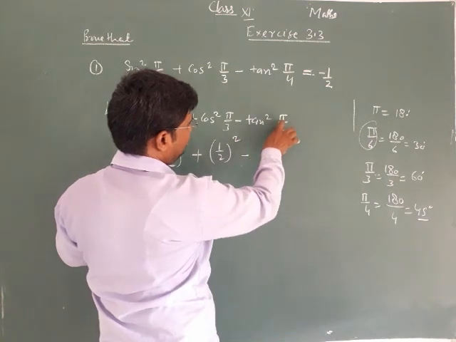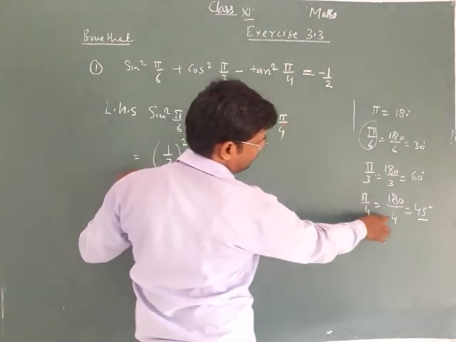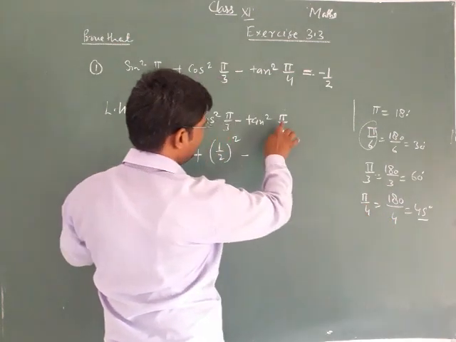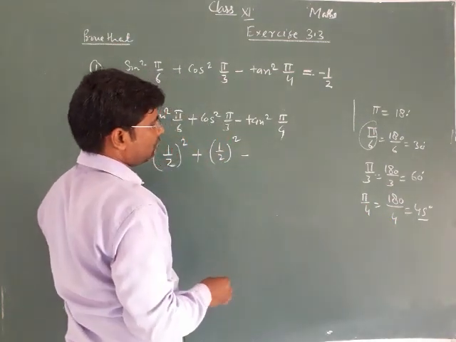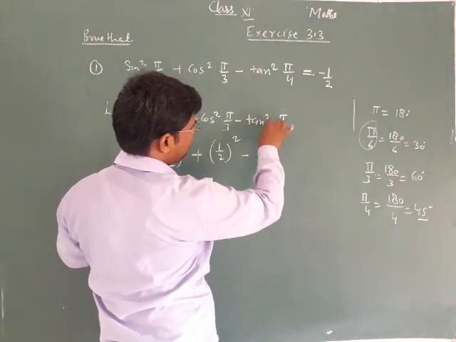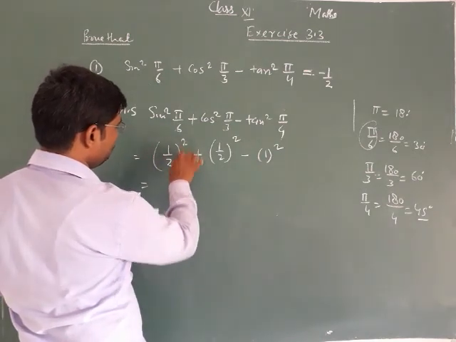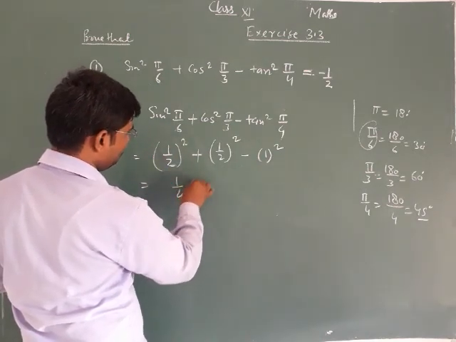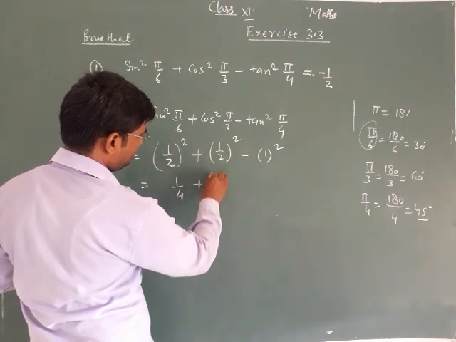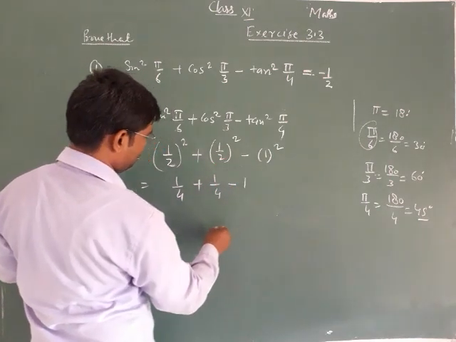And tan pi by 4 means tan 45 degrees, whose value is 1, and this is also squared. Now 1 by 2 squared means 1 by 4, and 1 squared is 1.